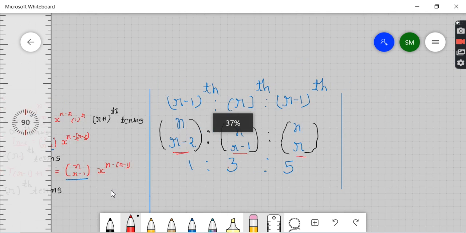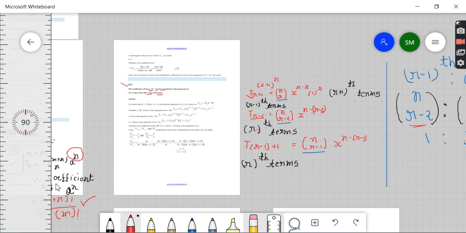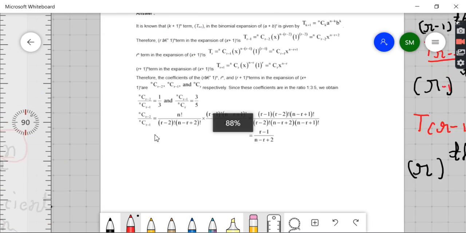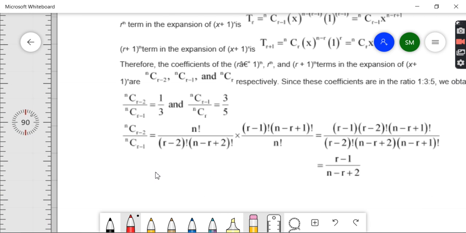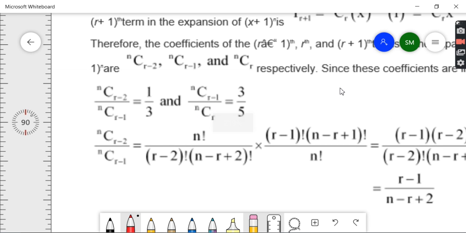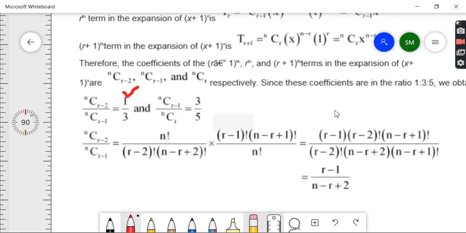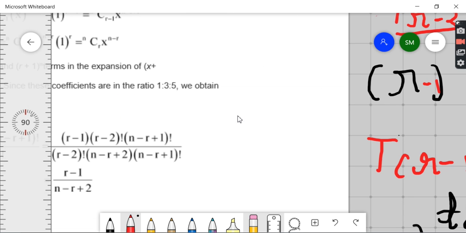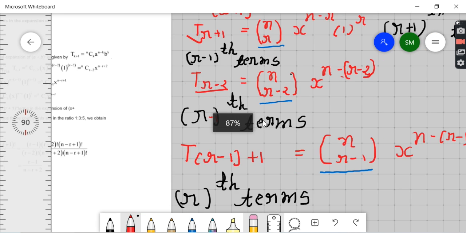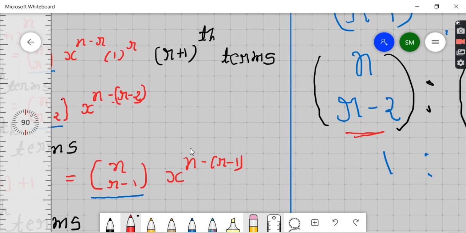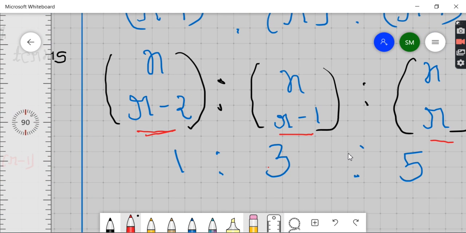Now just take a ratio of these terms that we already calculated. nC(r-2) upon nC(r-1) is equal to 1 : 3. Let me show you how you are getting 1 : 3.